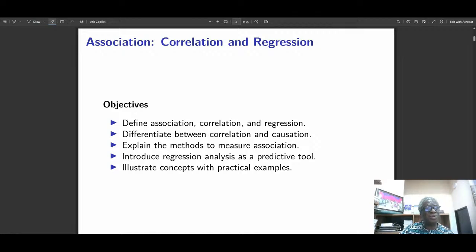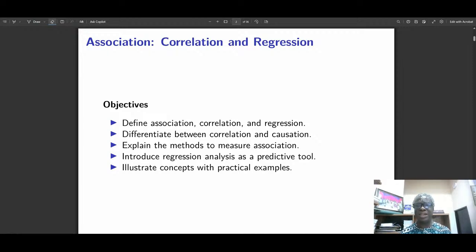We will also be able to differentiate between correlation and causation. These are concepts that are usually abused or misunderstood. We will learn how to measure the strength of associations using correlation measures.